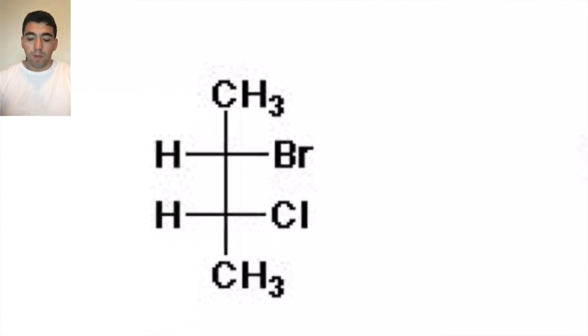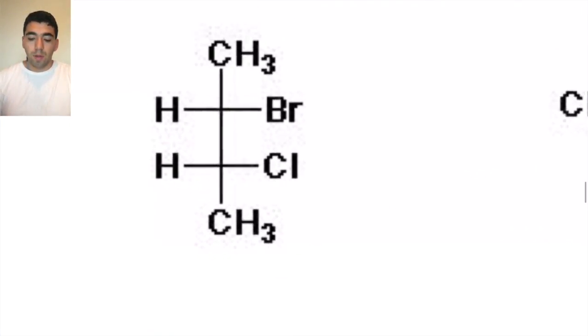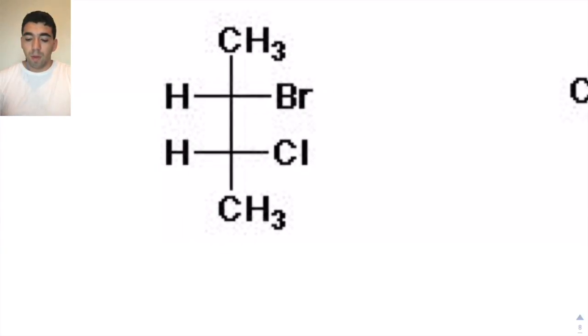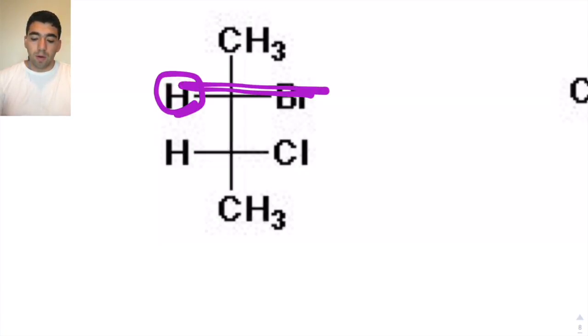But the way we often do them is to look at the Fisher projection, and if your lowest priority group is on the horizontal axis, the arms of the Fisher projection, and not up and down, that lets you know that you have to flip the orientation after you number it. So going through this, I would number these accordingly.